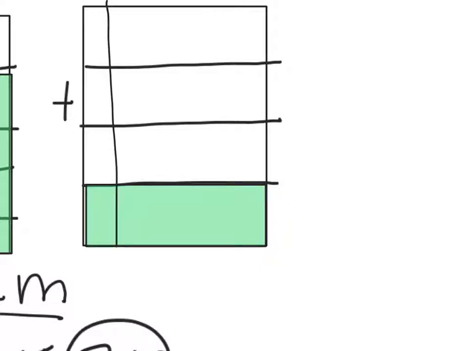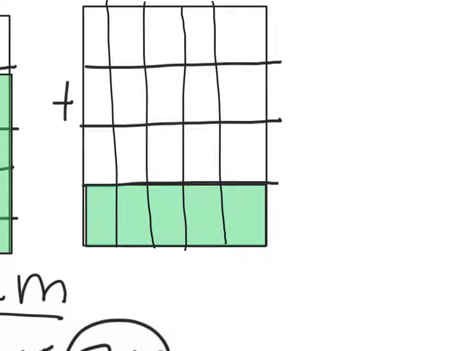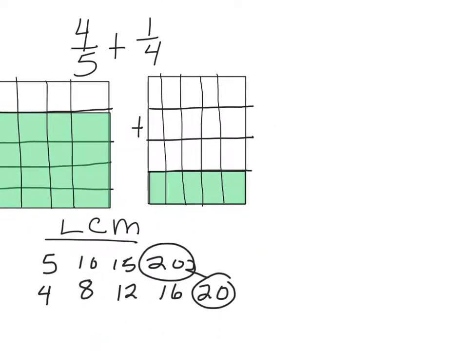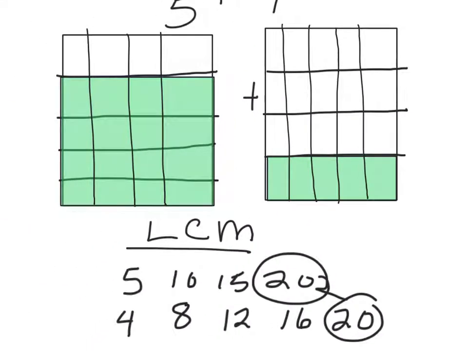So here's 1, 2, 3, and 4 lines, and that will give me 5 parts. 1, 2, 3, 4, 5, and you'll see that this gives me 20 little boxes, 1 through 20. So now all I have to do is count these up, right?